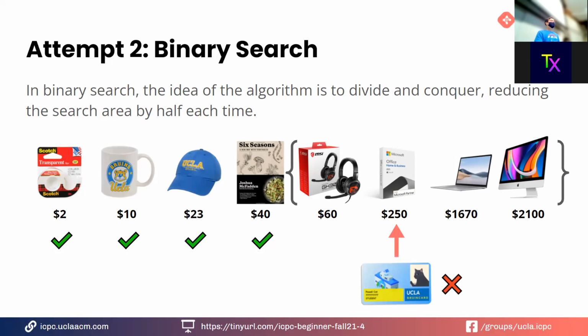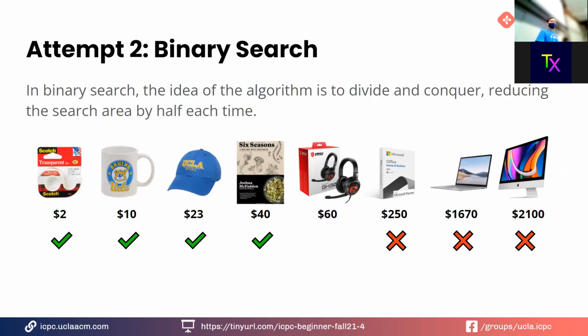And this time we get a no, which means we reduce our search space to just the gaming headset, because everything more expensive than the Microsoft Office subscription is something we can't afford. And so now our search space is just this. We do our final check, and then it's good.